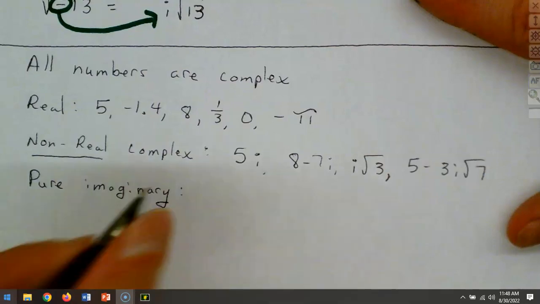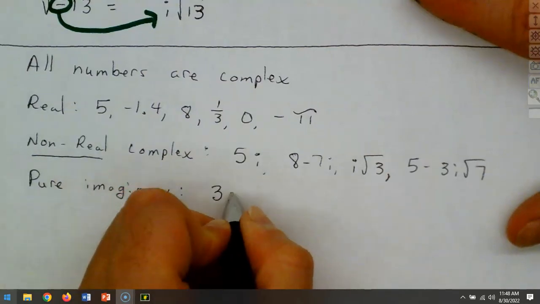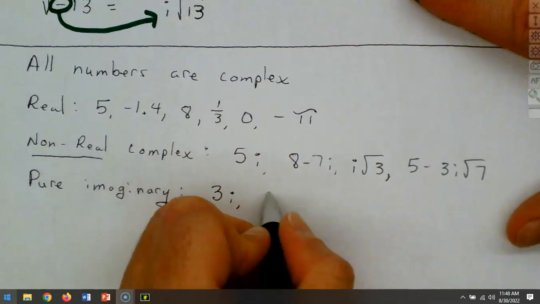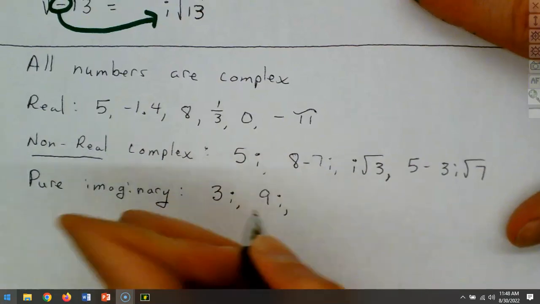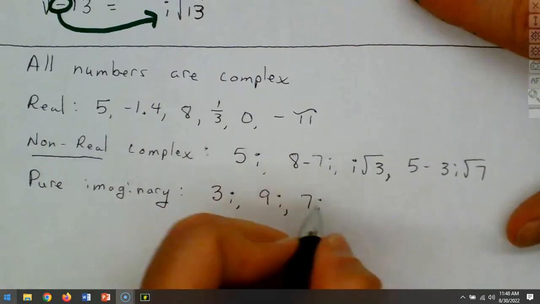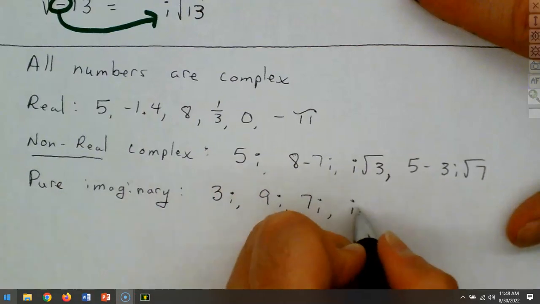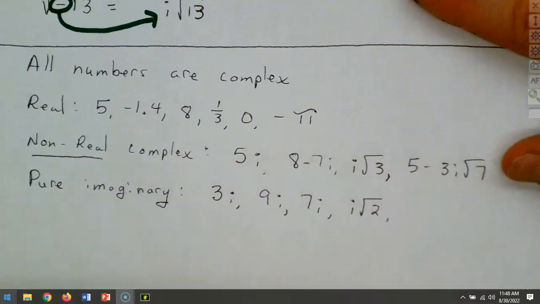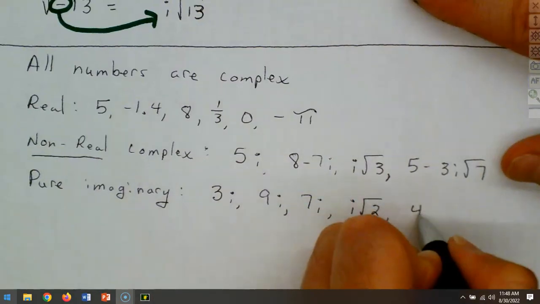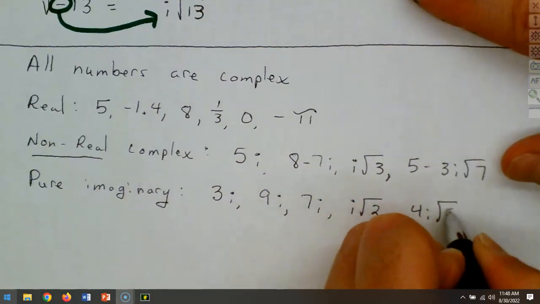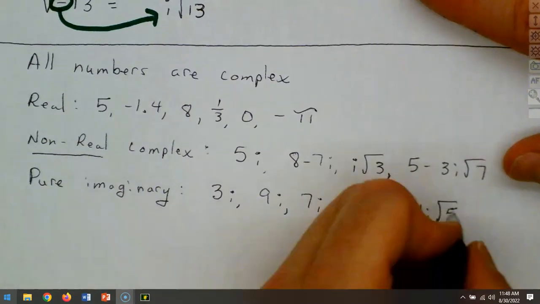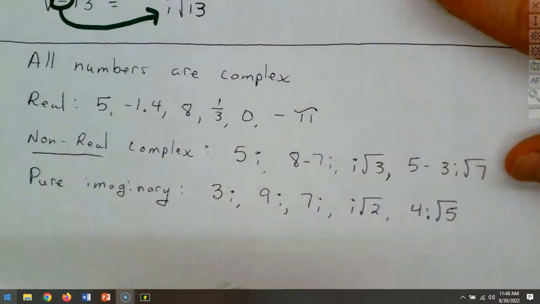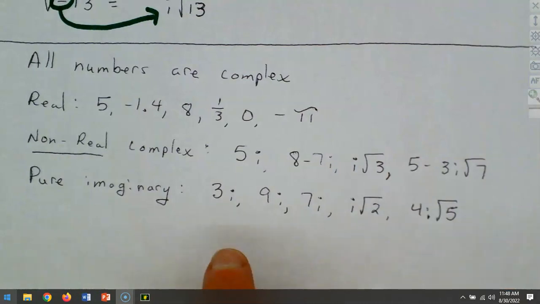So pure imaginary numbers would be like 3i, 9i, 7i, i square root of 2, 4i square root of 5. Those are all pure imaginary. They do not have a real part.